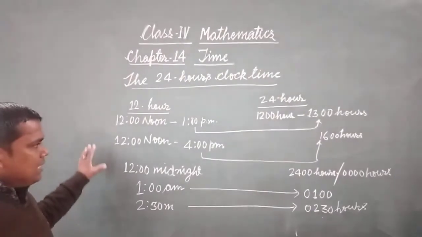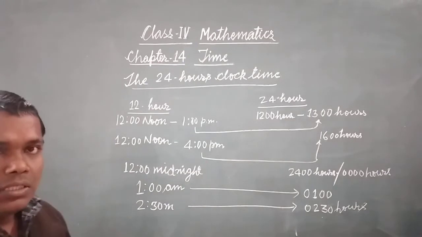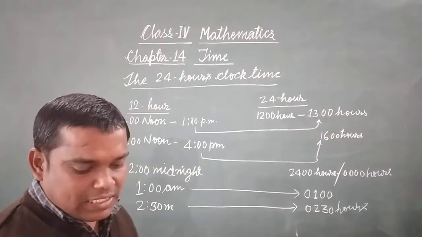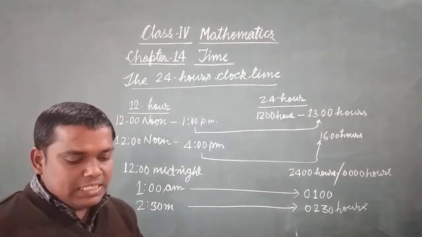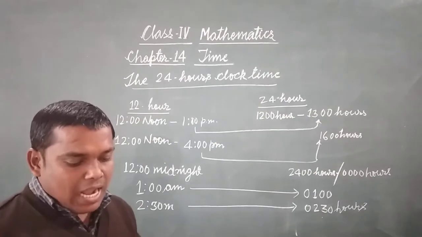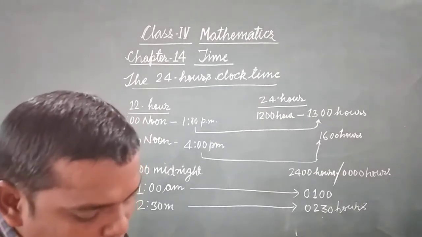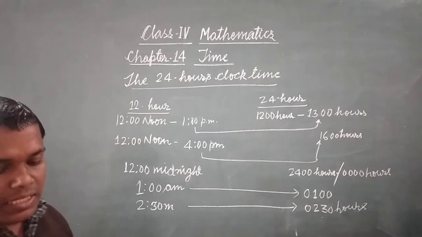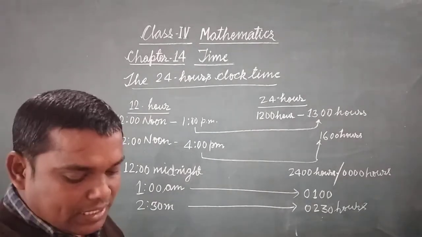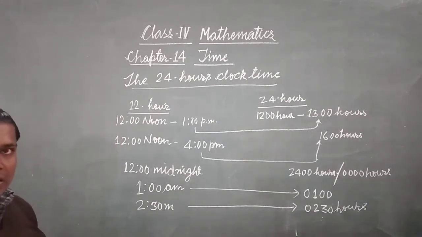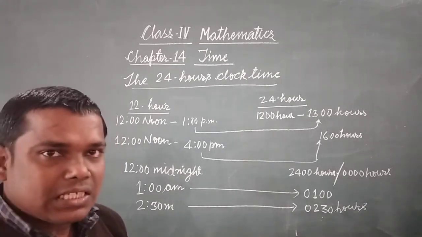Questions related to this are given in exercise 14.4. The first question is given directly: change into 24-hour clock time. As written in the first question, 5:20 p.m. is written 17:20 hours. 3:20 a.m. is written 03:20 hours, like this.